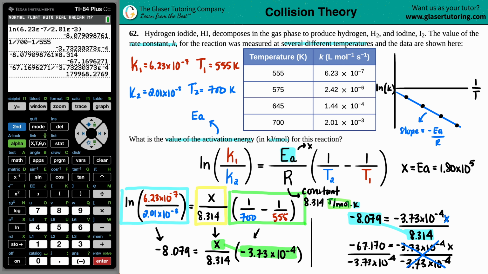The rest of the units are joules per mole. So that's where we're at right now. We have an activation energy of 1.8 times 10 to the 5th joules per mole.